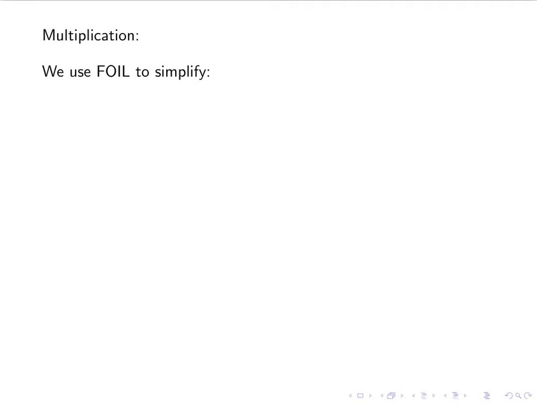Multiplication. So what we do here is just FOIL like we would with a binomial times a binomial. So 2 plus 3j times 1 minus j. We're going to do the first, the outer, the inner, and the last. And that will give us the 2 minus 2j plus 3j minus 3j squared.